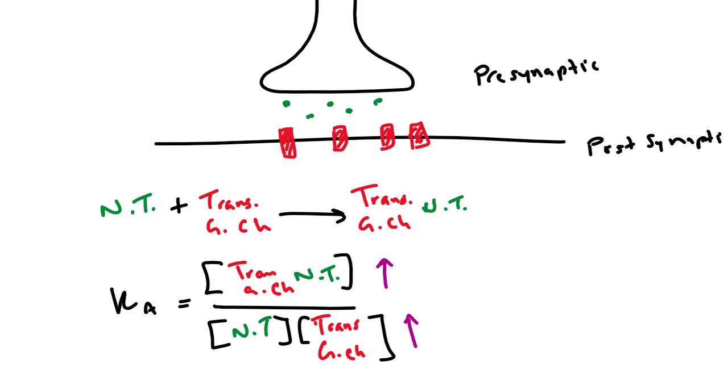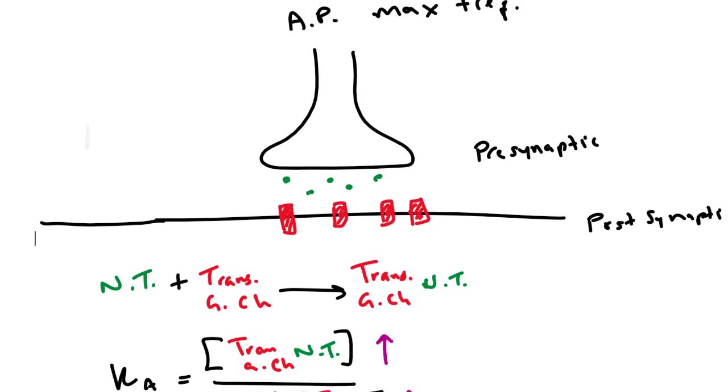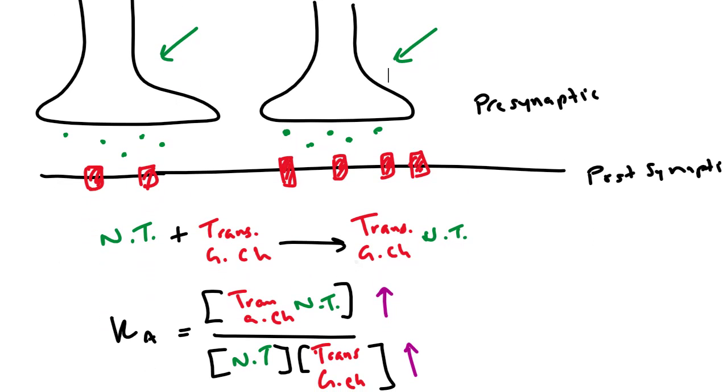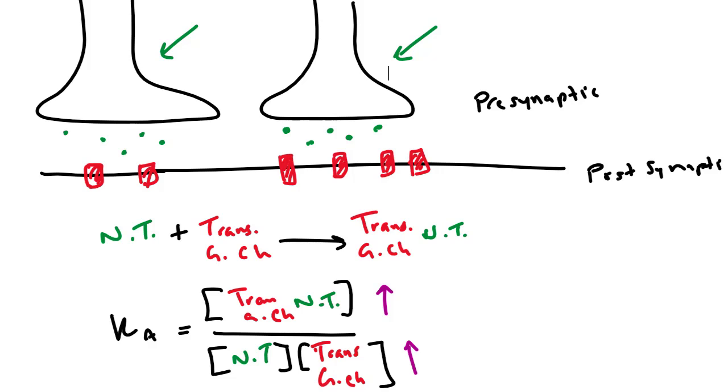Let's actually draw another synaptic connection here. And we're going to have only 2 transmitter-gated channels and the same amount of neurotransmitter. Now the one here is less sensitive than the one over here. And that is simply because you have less transmitter-gated channels on that patch of membrane on the left than you do on the right.